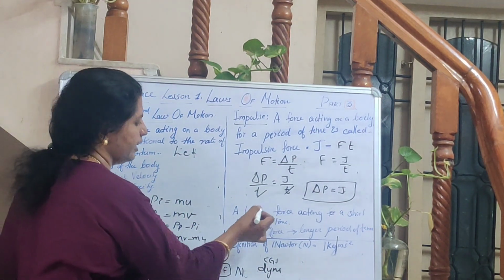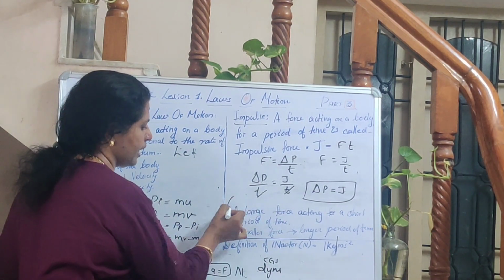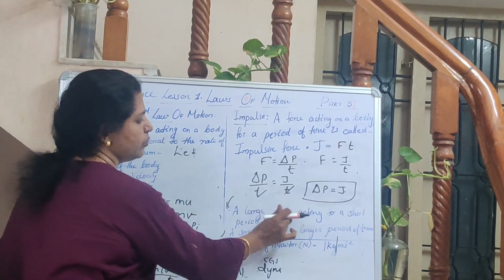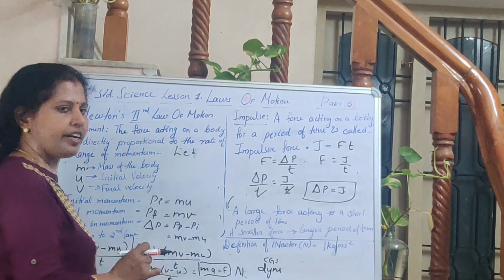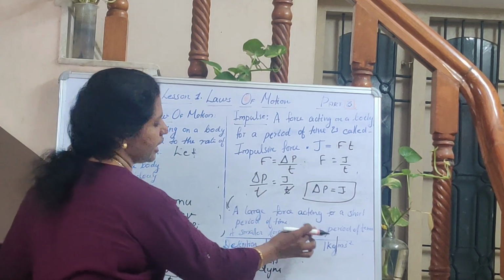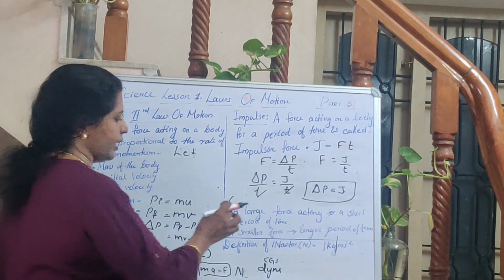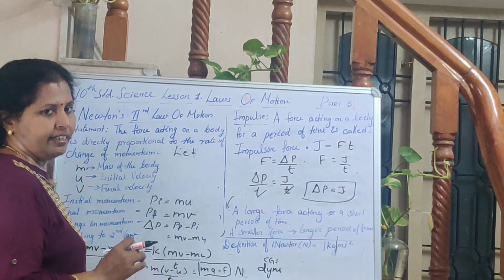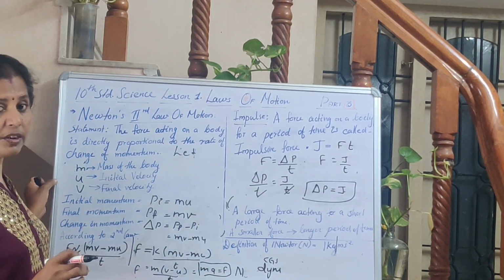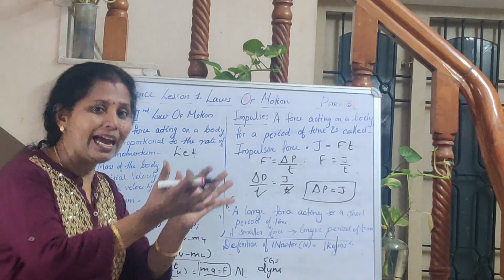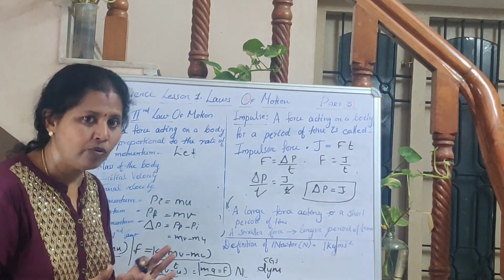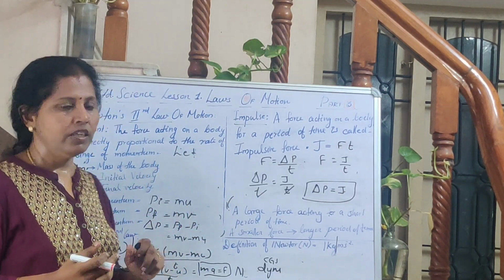From this we can conclude that a large force acts for a short period of time and a small force acts for a larger period of time. For example, in cricket, a fielder pulls back his hand while catching a ball.